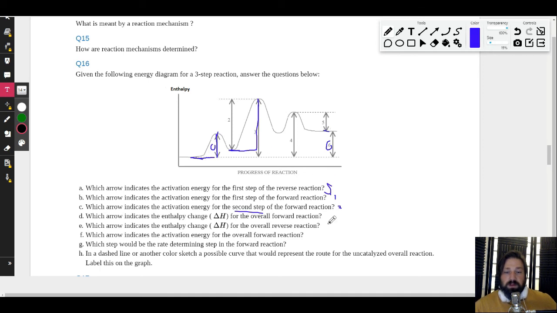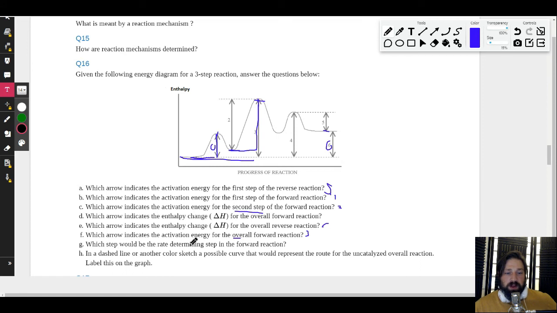For the reverse, it's going to also be 6. Start here and here. Which arrow indicates the activation energy of the overall forward reaction? So overall reaction means you start here and then go to the top of the slow step, the slow step being the largest peak here. So then it would be 3.